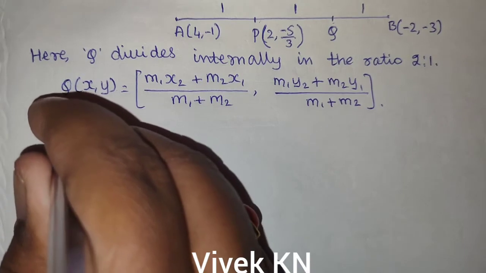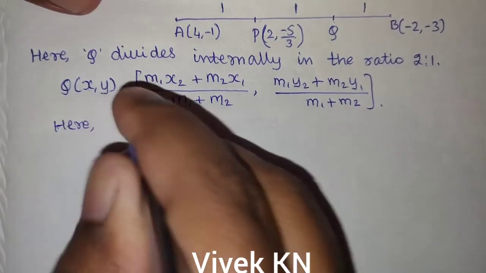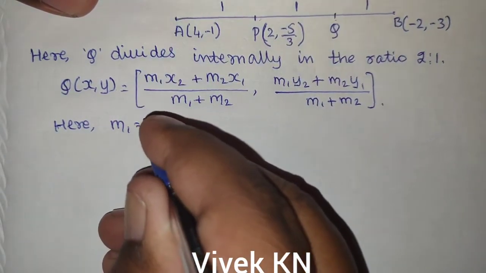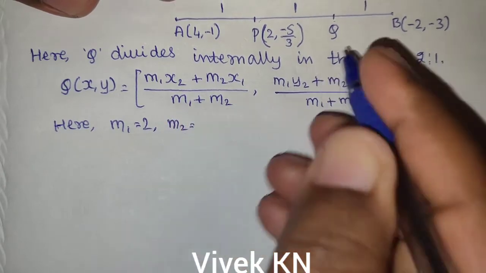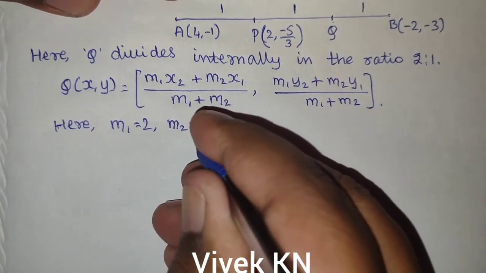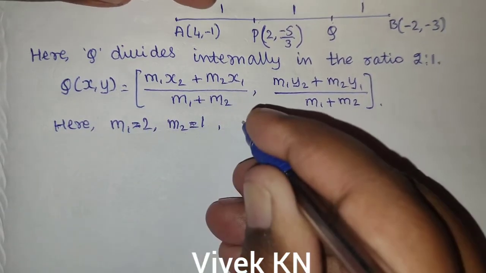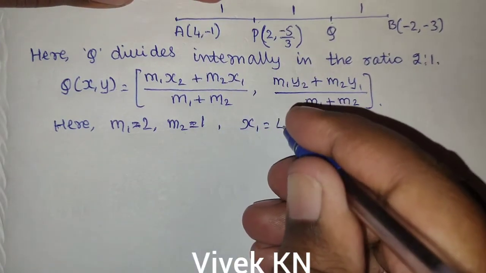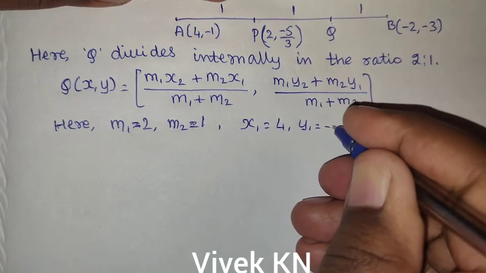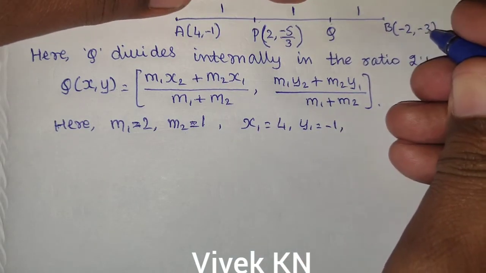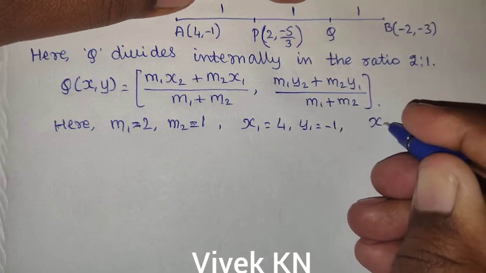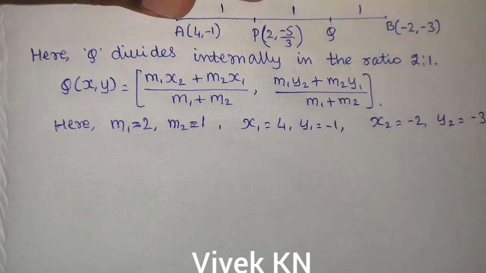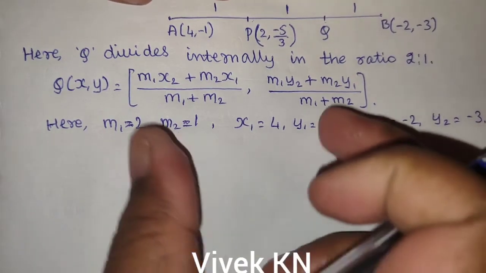Here m1 is 2 and m2 is 1, and this is x1 y1, that is x1 is 4 and the value of y1 is minus 1. Next, this is the x2 y2, that is the value of x2 is minus 2, the value of y2 is minus 3.